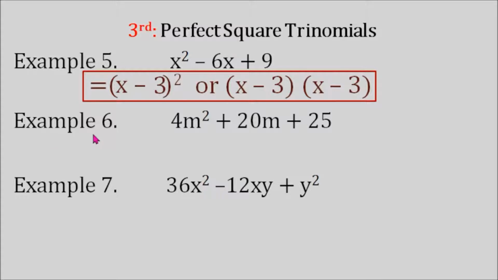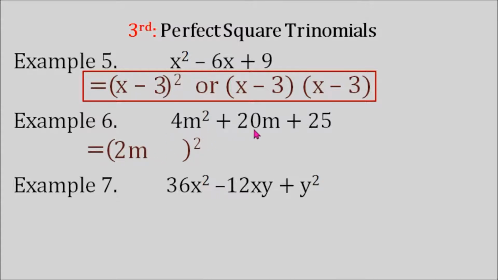Example number 6. Factor 4m squared plus 20m plus 25. Since it's a perfect square trinomial, the factors are the square of a binomial. The first term here is just the square root of 4m squared, which is 2m.